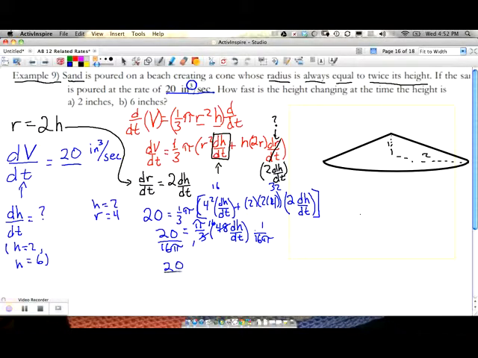And I would wind up with 20 over 16 pi, which I could simplify to 5 over 4 pi, equals dh dt when h equals 2. Awesome. So the rate of change of the height is 20 divided by 16 pi when the height equals 2.